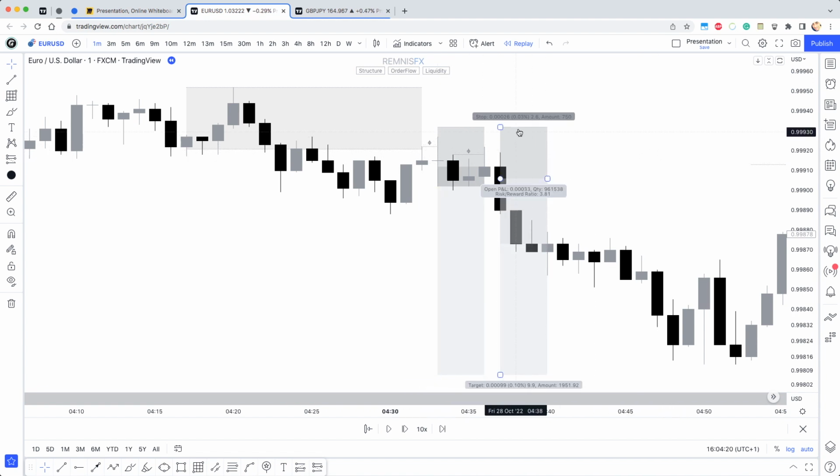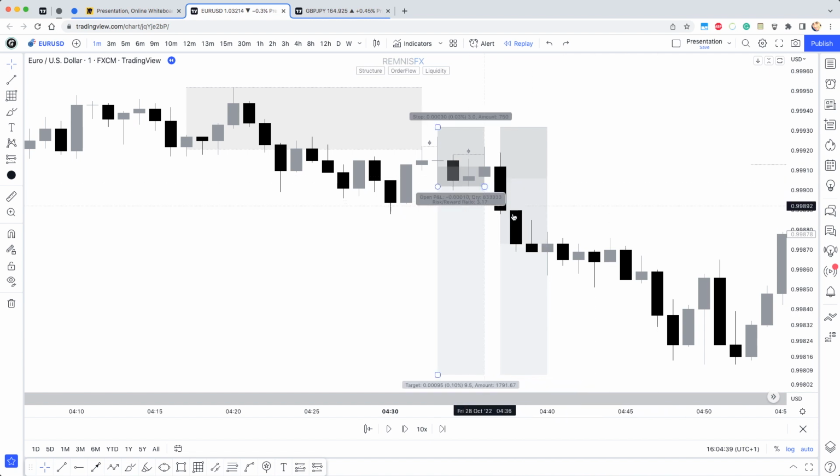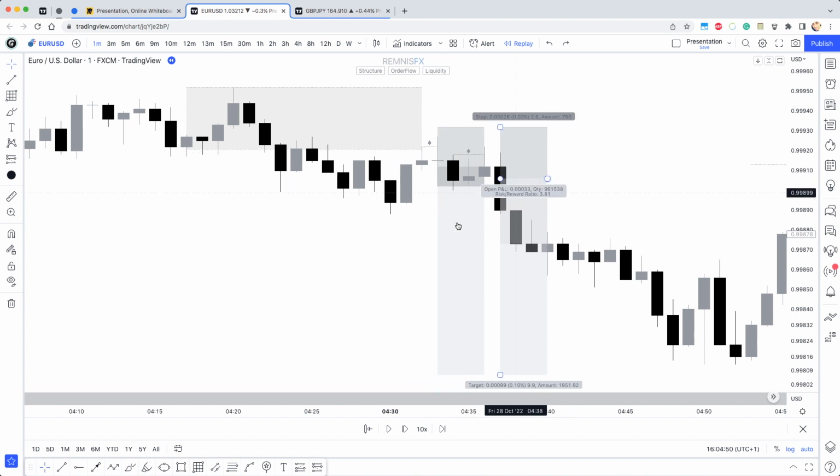Yeah, you could even do it something like this or this or even this, but in this case let's just keep it on 2.6 pips, right? So again, price opened here, went a little bit up, and then boom, broke down. So again, a double entry right after minor order flow is being retested, and then look for these patterns, right?